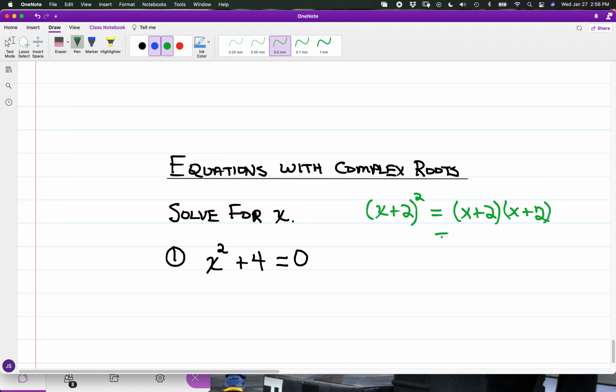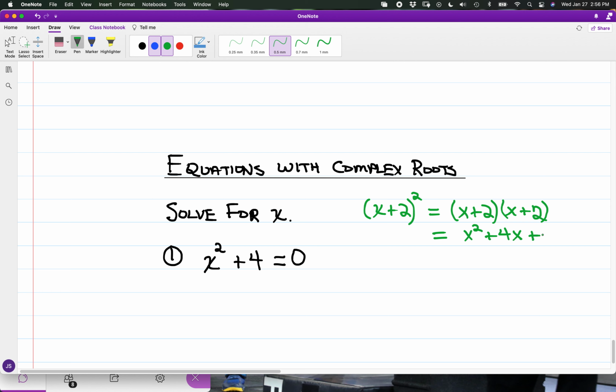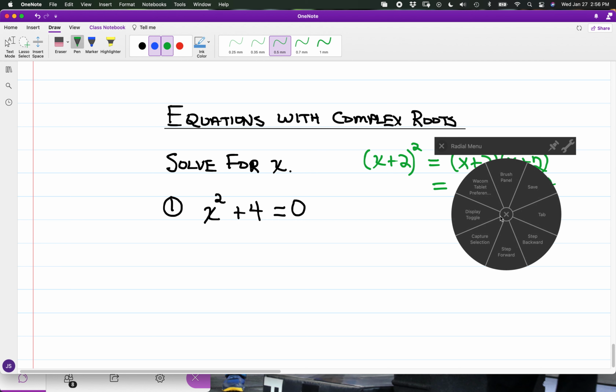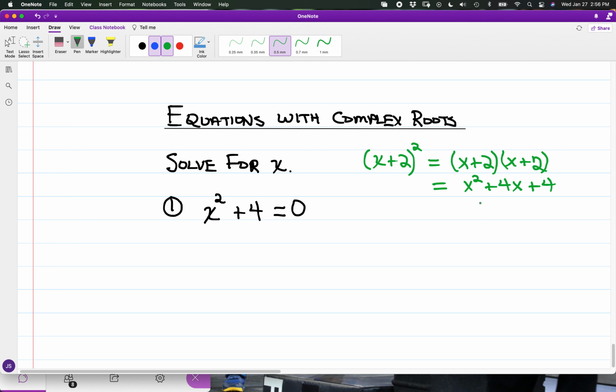The reason for this: if I took the square of x plus 2, this would be x squared, plus 2x plus 2x, which would be 4x, and 2 times 2, which is 4. Now we do have the x squared and the 4, but notice we have the missing first-order x term. So x squared plus 4 does not factor as x plus 2 times itself, because you already have the missing 4x from the get-go.